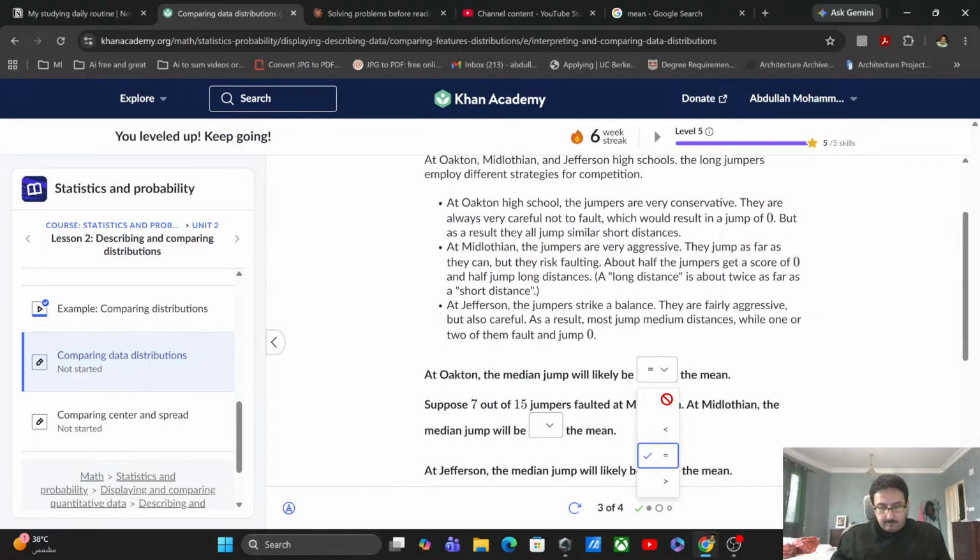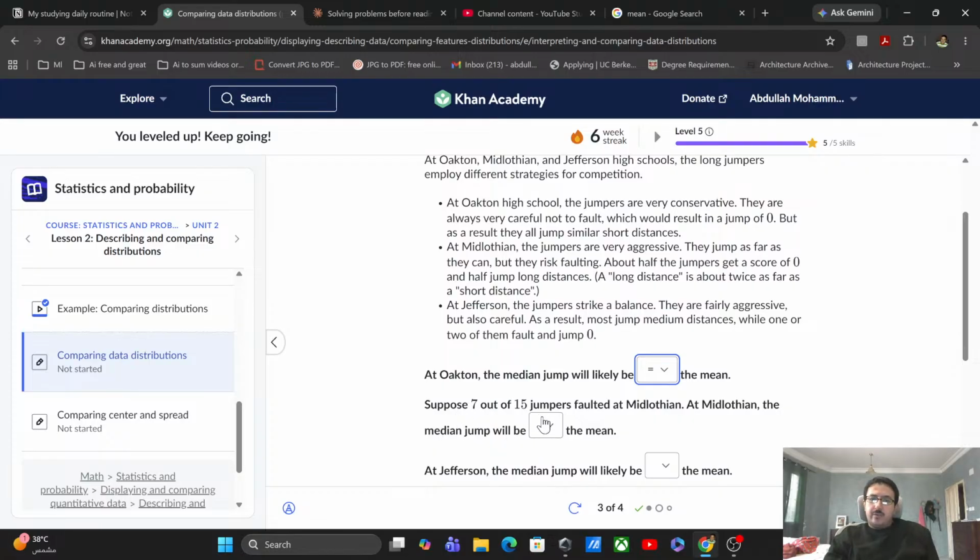That's multiplication. 3. Yep, it's going to be equal, because 3 plus 3. Yep. Okay.